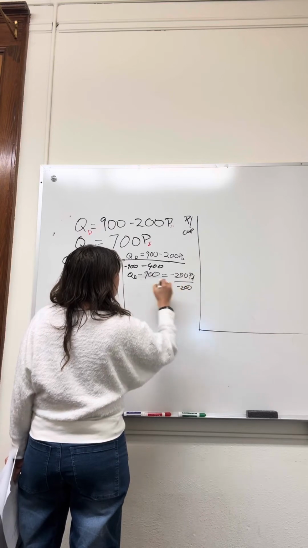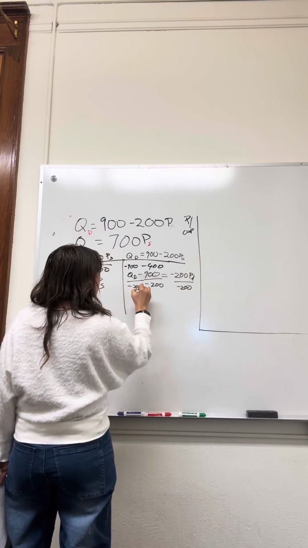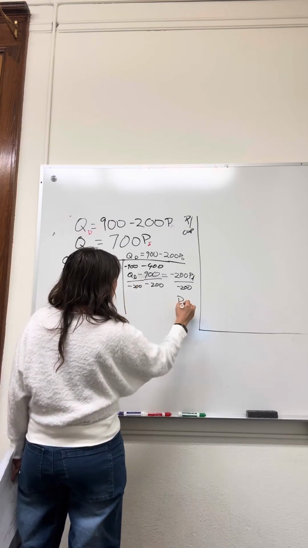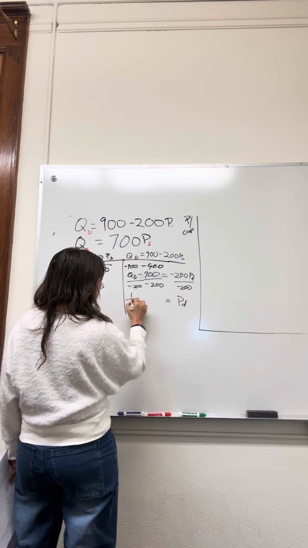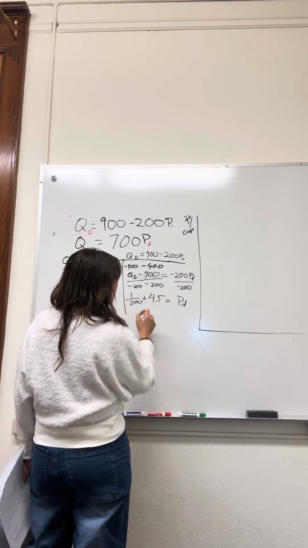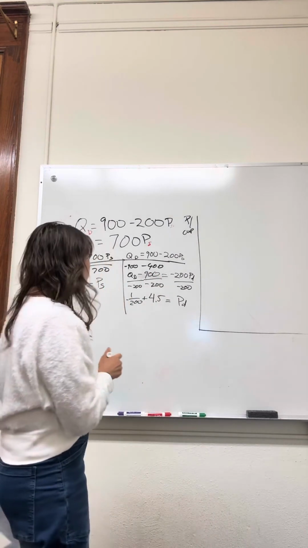Divide both sides by 200. And what I get is PD is equal to 1 over negative 200 QD plus 4.5. So when I put it in the calculator, 900 divided by 200 gives me that 4.5.